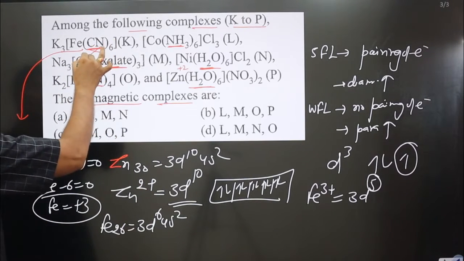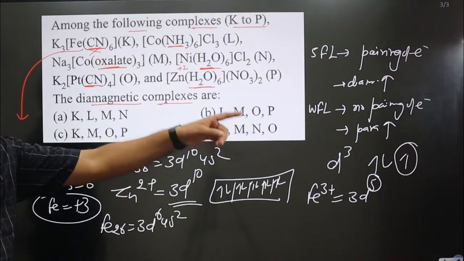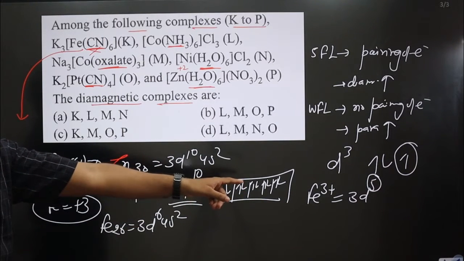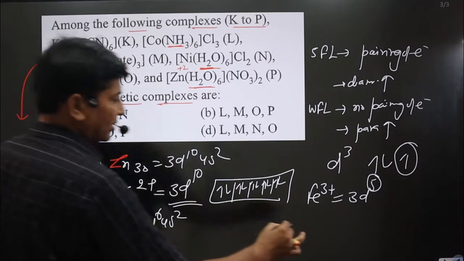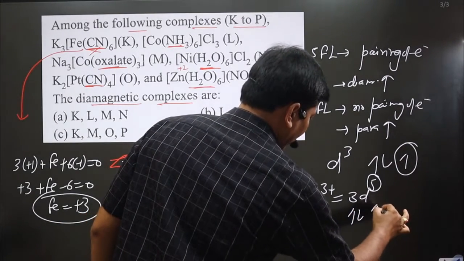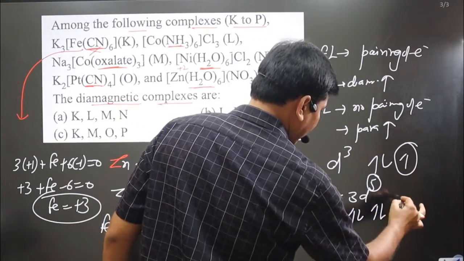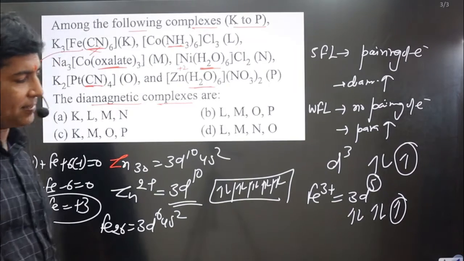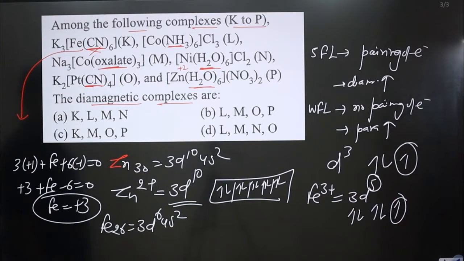It does not show diamagnetic character; it shows paramagnetic character. Even if you carry out pairing of electrons, complete pairing will not be possible, because we have 2 electrons, then 2, 2, 2, and then a single spin is left. So it will still have paramagnetic character.